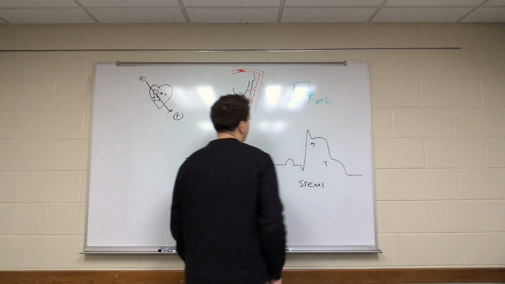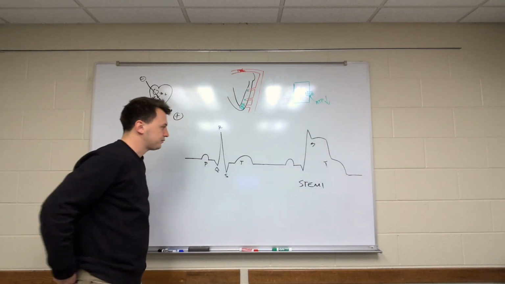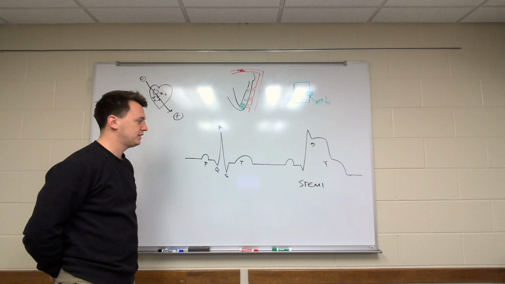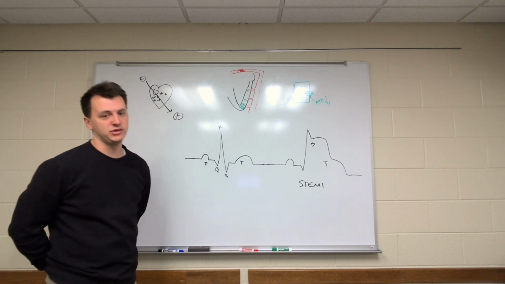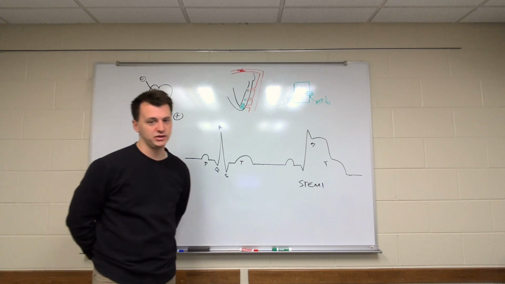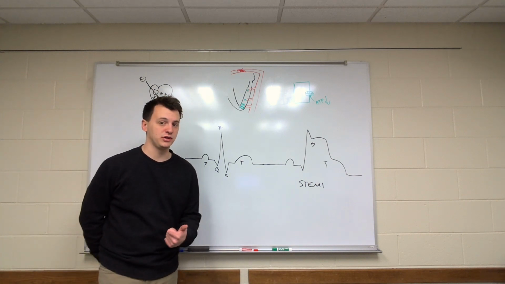So we have STEMI, ST elevated myocardial infarction, but we also have non-STEMI, which is non-ST elevation myocardial infarction. And this is actually due to a partial blockage in the coronary artery.